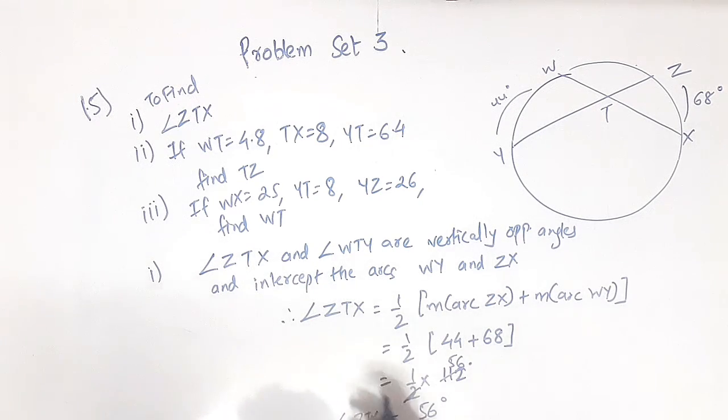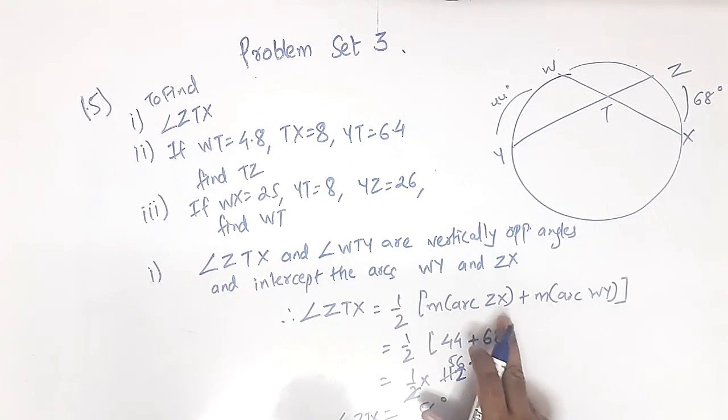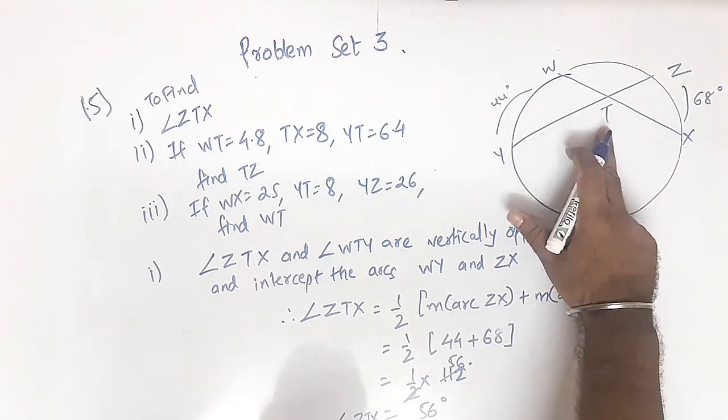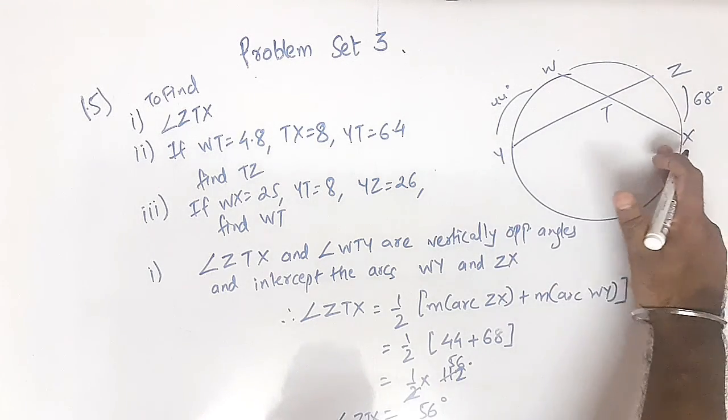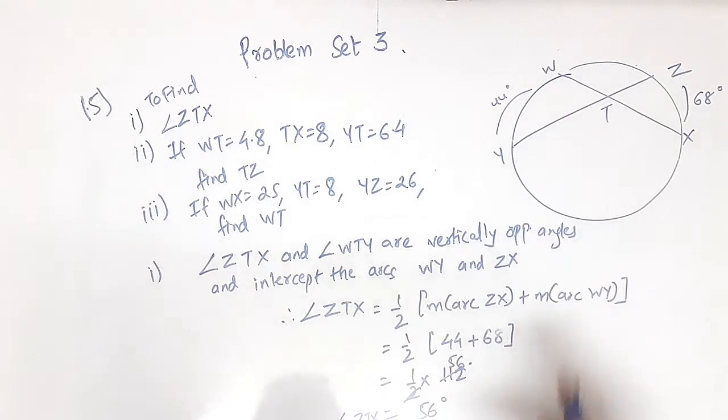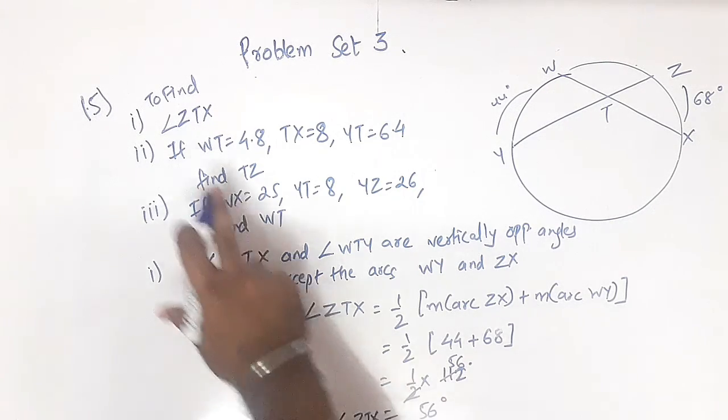So this is the reason for this. This property you should know: when two chords intersect inside the circle, the angle formed is half of the intercepted arc by it and the vertically opposite angle to it. So this is how we will find angle ZTX.